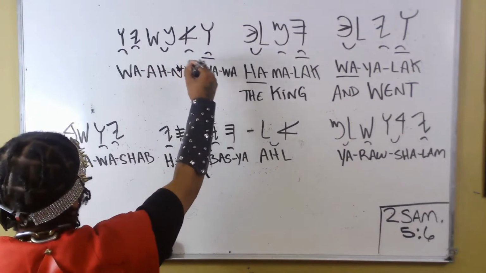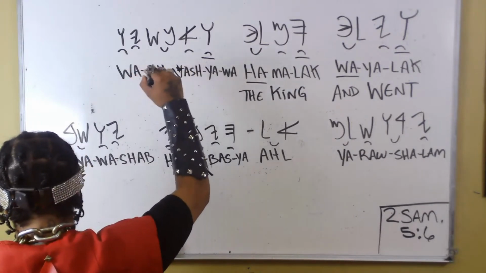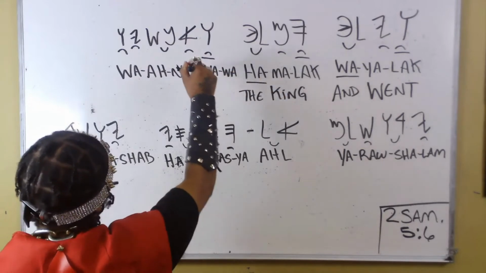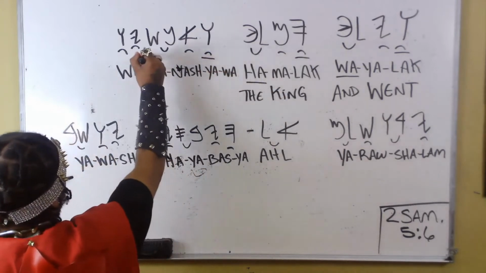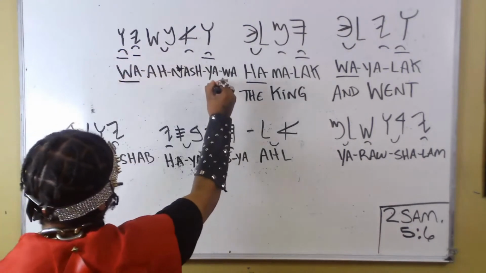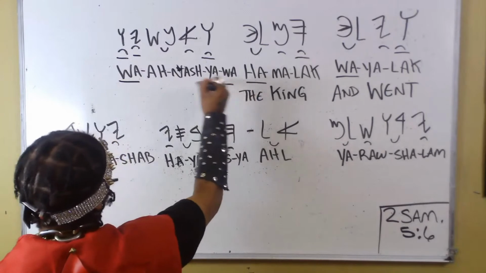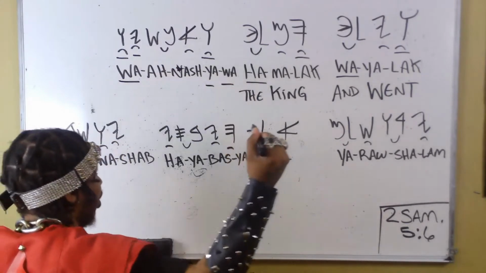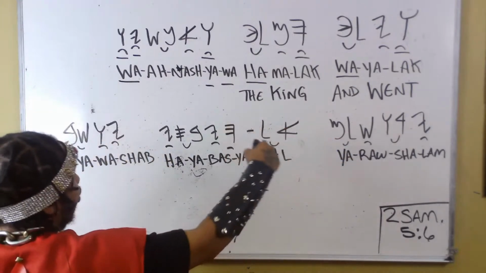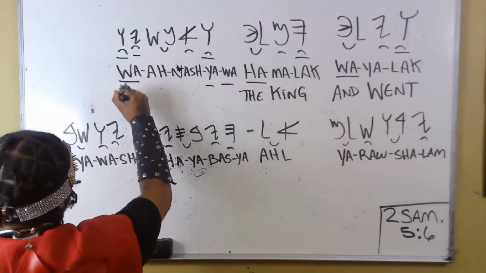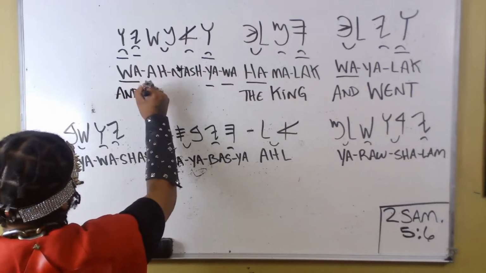This is the root word. Anash, we know, is man or men, whichever one y'all want to use. So we have and with the king, and wa at the beginning is and.